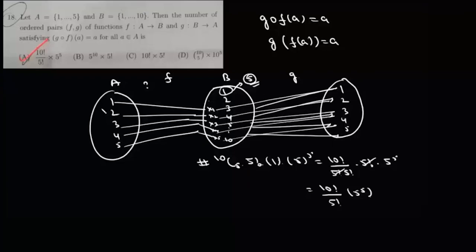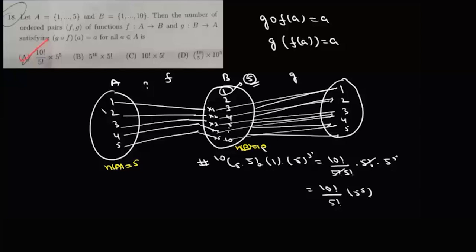Now in question number 18, we are given two sets A and B. A has 5 elements and B has 10 elements. It says we need to find the number of ordered pairs of functions f and g such that g of f(x) is x.